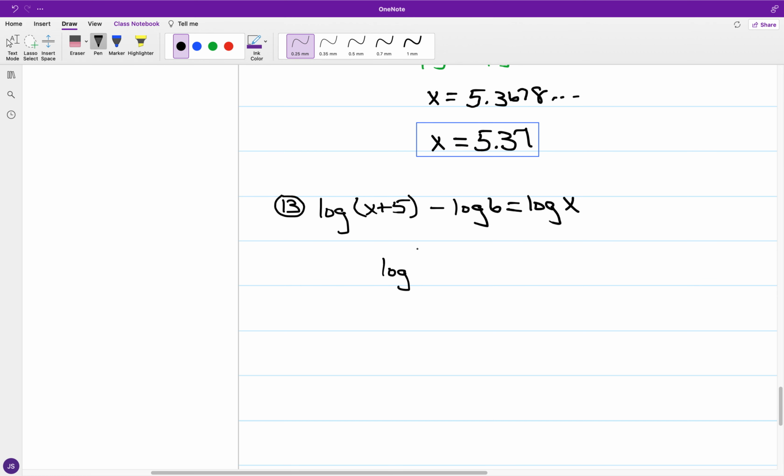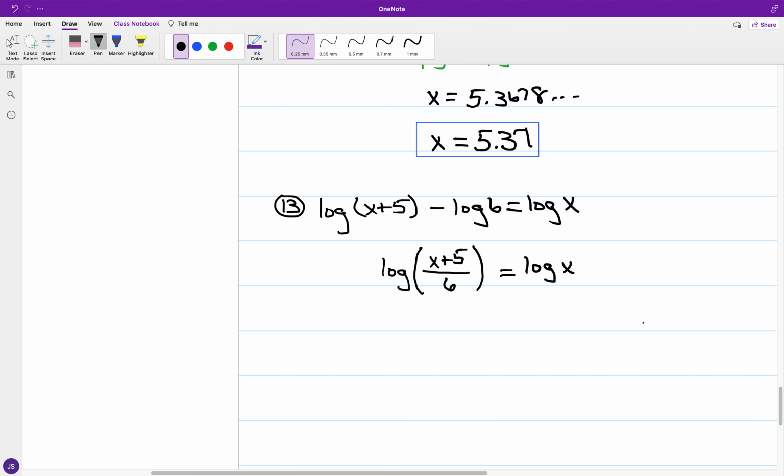Okay, so as a single base 10 logarithmic term, we have the base 10 logarithm of x plus 5, and with 6 stemming from a negative, that's going to be in the denominator. All right, so now we have single base 10 logarithmic terms. Just like with an exponential equation, if you have the same base on both sides and they're single terms, you could set the powers equal to each other.